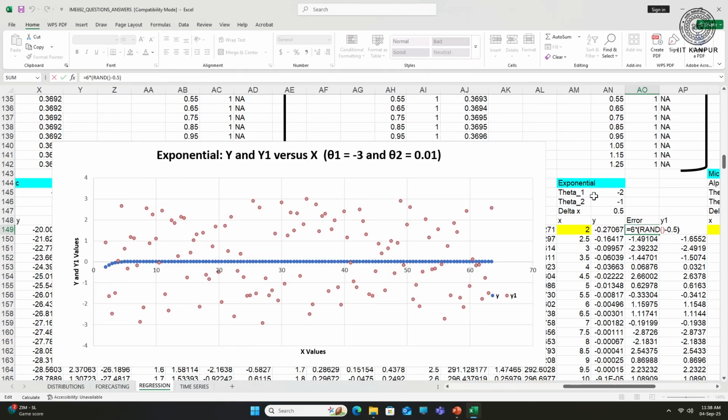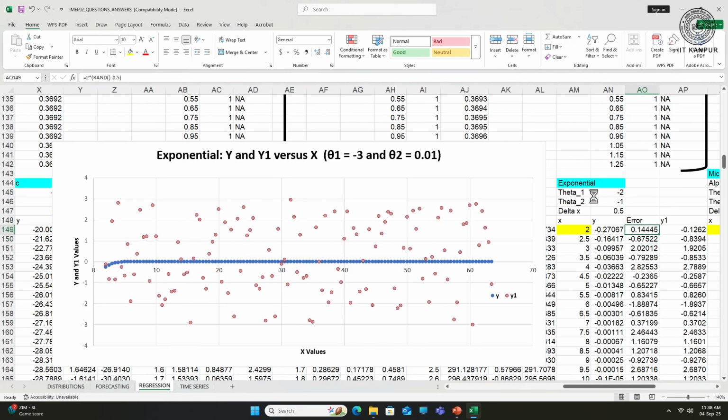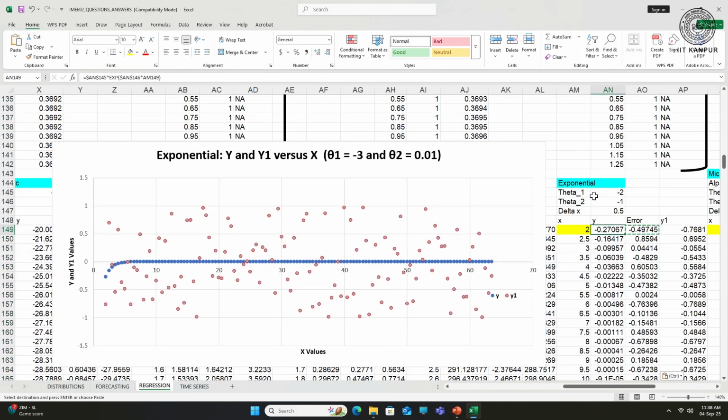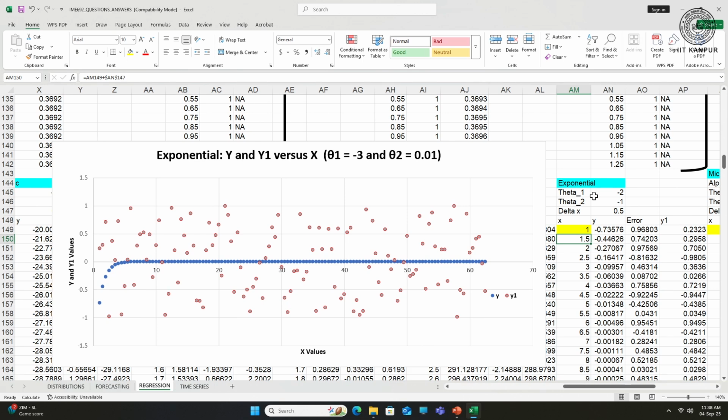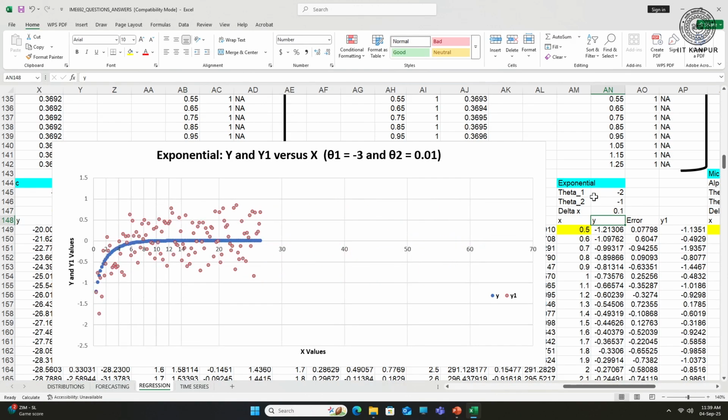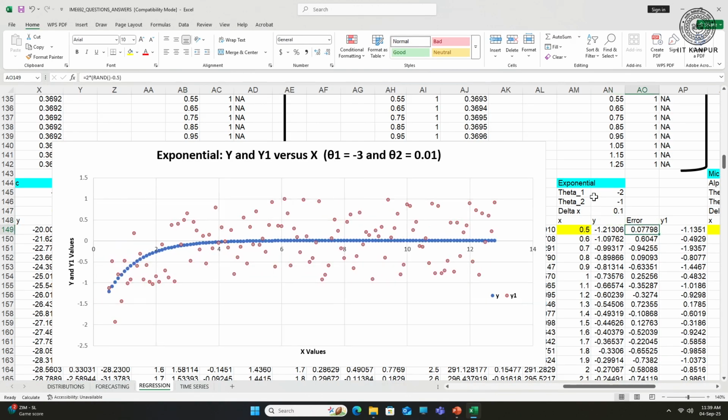So, here the error term, if I keep it limited to 1 or 0.5, and if I take delta as 0.1, and if I now reduce the error, now you will get it. So, error concept has to be reduced.